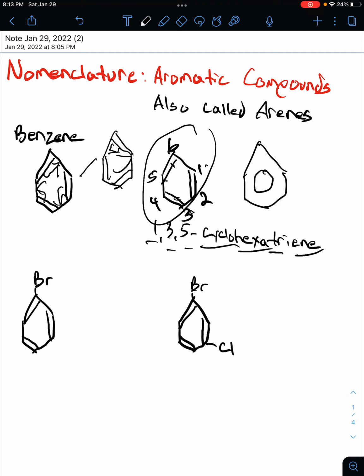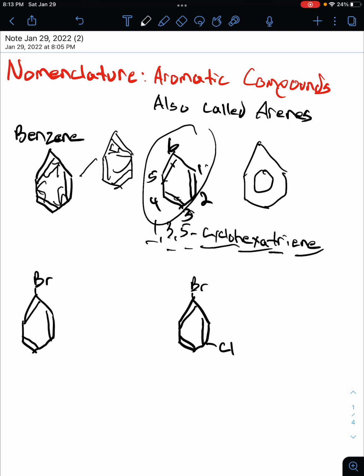And this indicates that these 6 pi electrons can be really anywhere in this ring at any given time. And this is what gives this compound a lot of stability. It gives it what we call special stability.